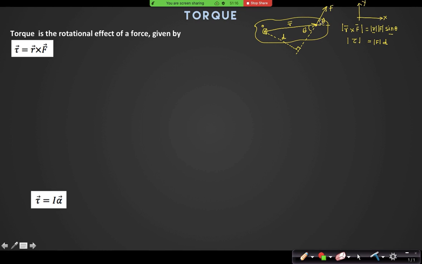If you apply an upward force in this direction, in which direction will the body start rotating about this point? It will rotate anti-clockwise, or not?